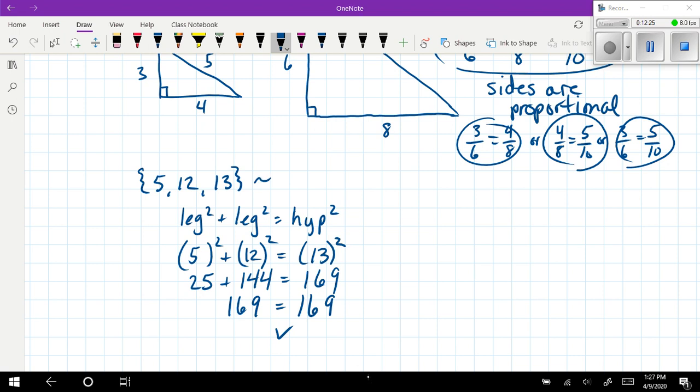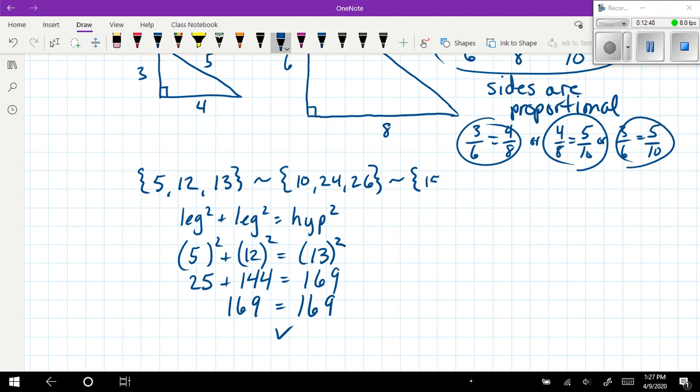Now I can double that 5, 12, 13, and I can call it a 10, 24, 26. So a 10, 24, 26 triangle is nothing more than a 5, 12, 13 blown up to be twice as big. Therefore, the shape is going to basically remain the same. It's just going to be a different size. Instead of multiplying by 2, I could multiply by 3.